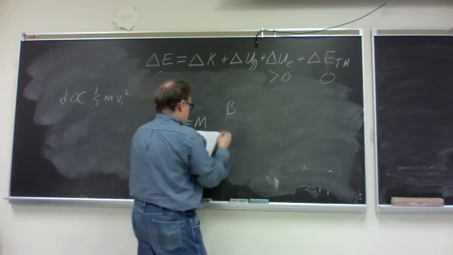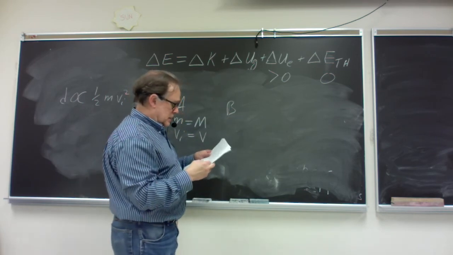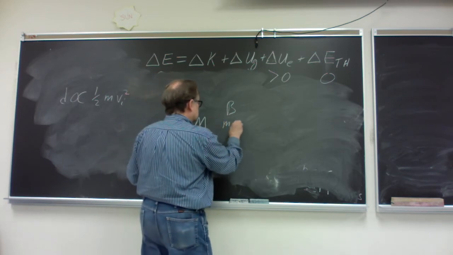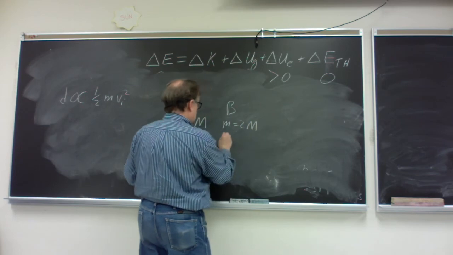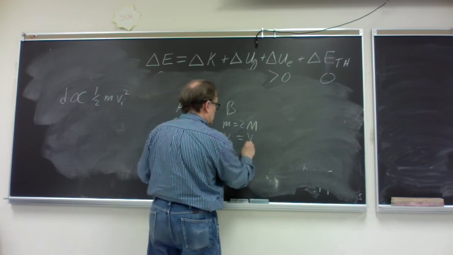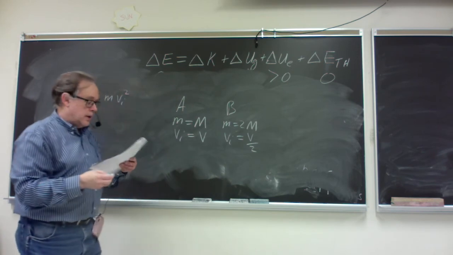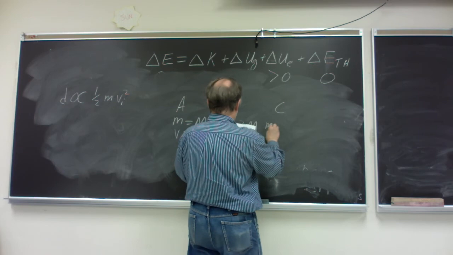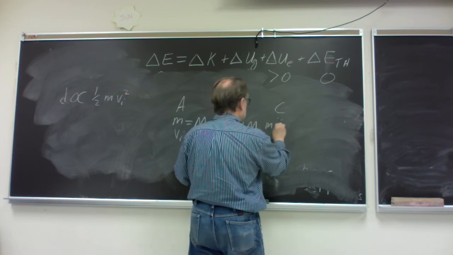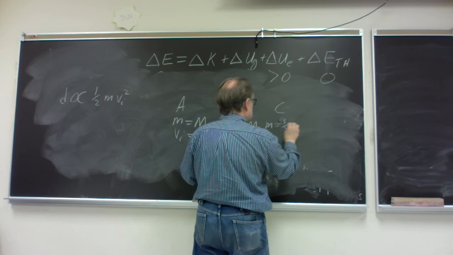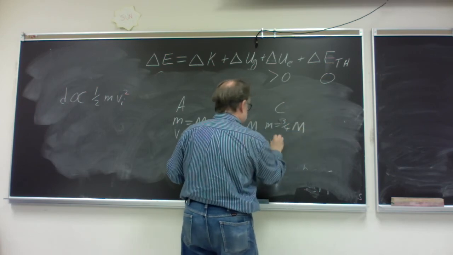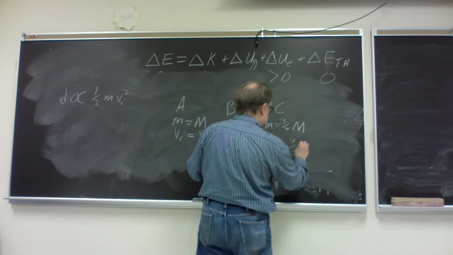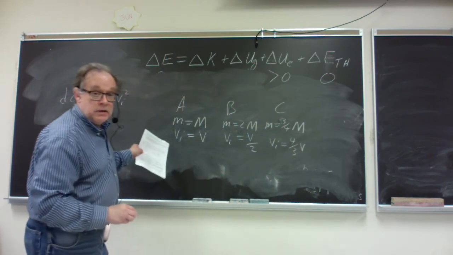Car B has a larger mass, let's say 2m, and its initial velocity is slower, only half the velocity of car A. And then car C has a mass of 3/4 the size of car A's mass, and its initial velocity is 4/3 car A's initial velocity.